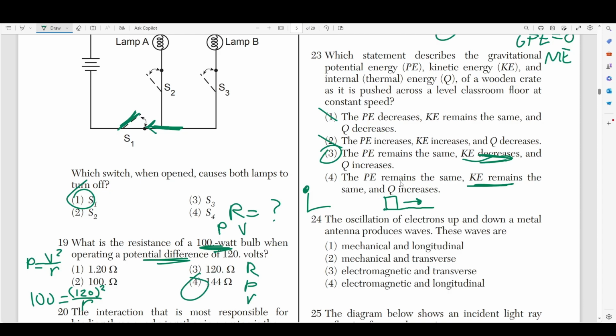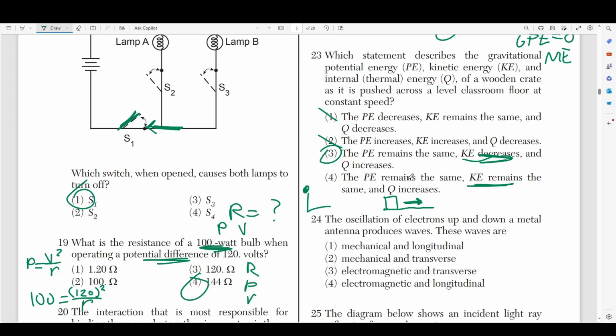Because the object that you're pushing across the floor generates friction with the floor. And the more and faster that you move this object against the floor, the greater that resistance or that friction is going to affect the movement, right? So you need to put in less and less energy because more and more of that energy is going to be converted into friction.